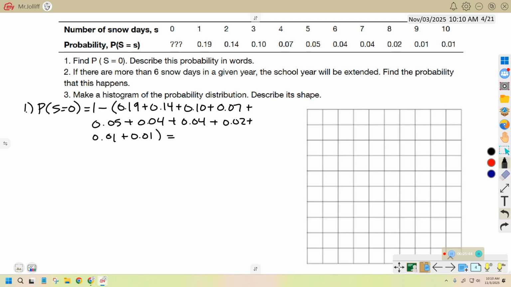And I got 0.33, and I hear a yes. Which is the biggest number in the table. So more often than not, no snow days.